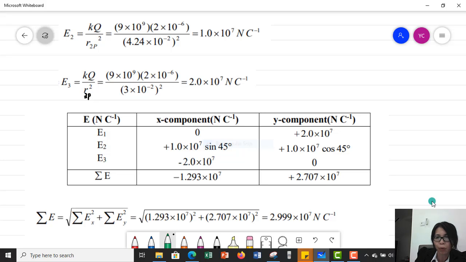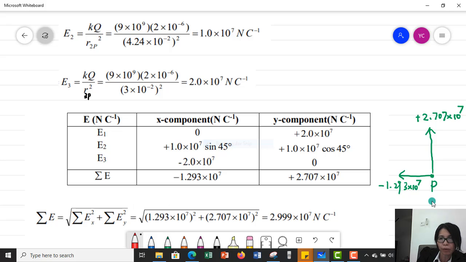Okay, so we will find out that at point P, we will have a net electric field along component X of value negative 1.293 to the power of 7. Along component Y is positive 2.707 to the power of 7.